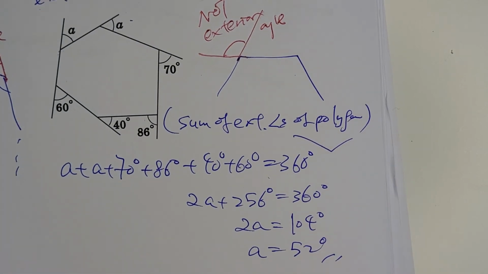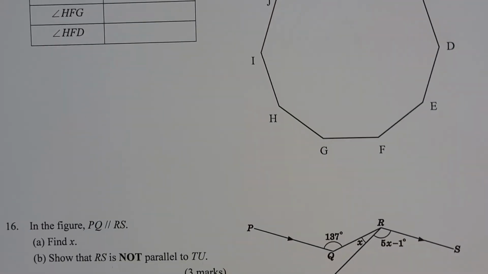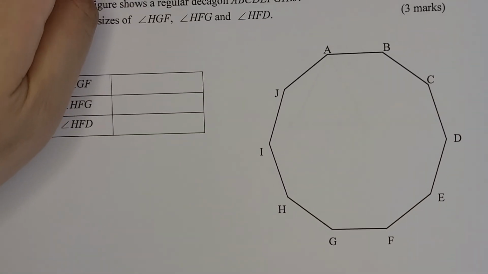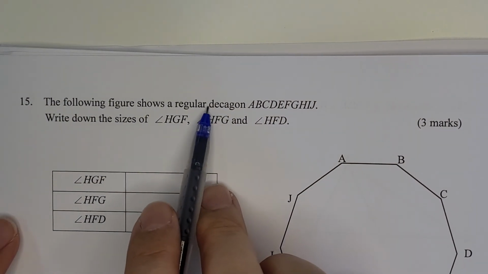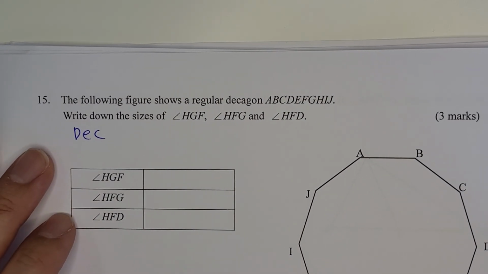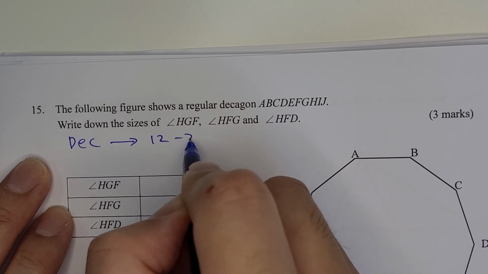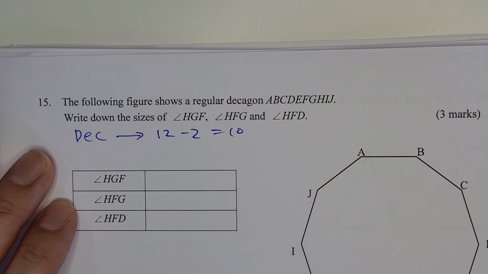So go to question number 15. Okay, the following figure shows a regular decagon, and you can see what is the meaning of decagon. DEC is quite similar to December, right? So you may think 12, but no, you need to minus it by 2. It's a 10 side polygon. You can see more examples.